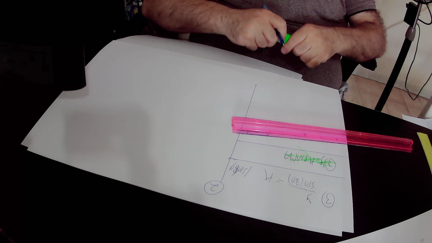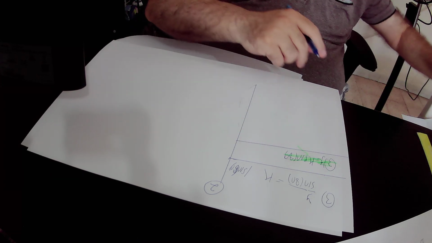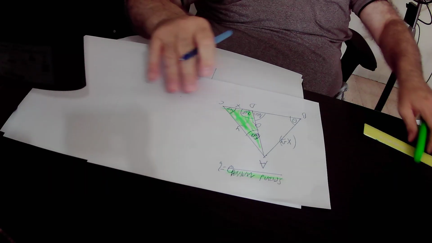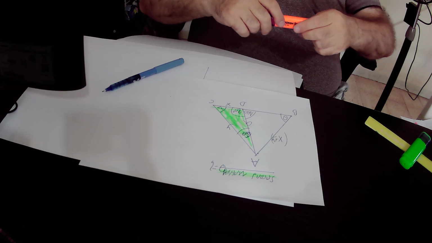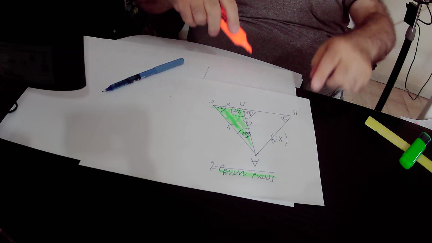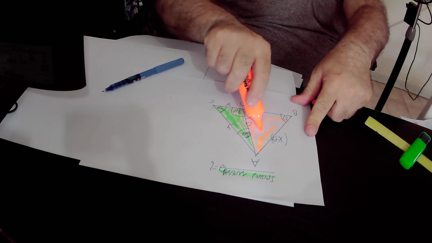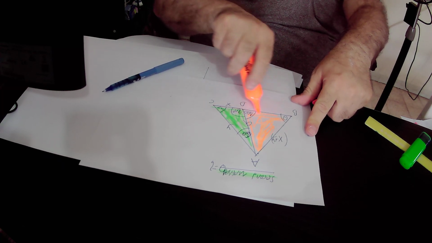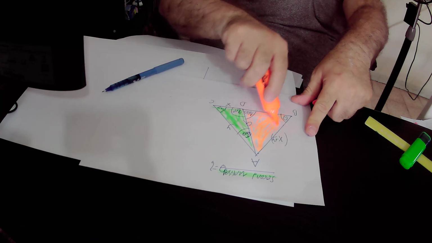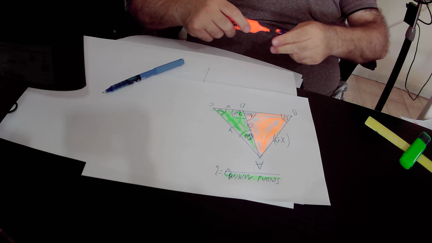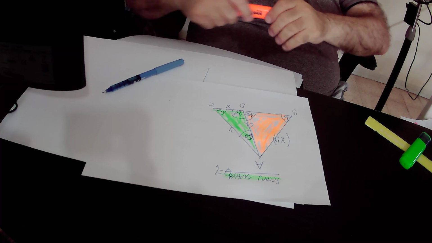Okay. In the next step, we will implement the law of sines in this triangle ABD, the orange triangle ABD.